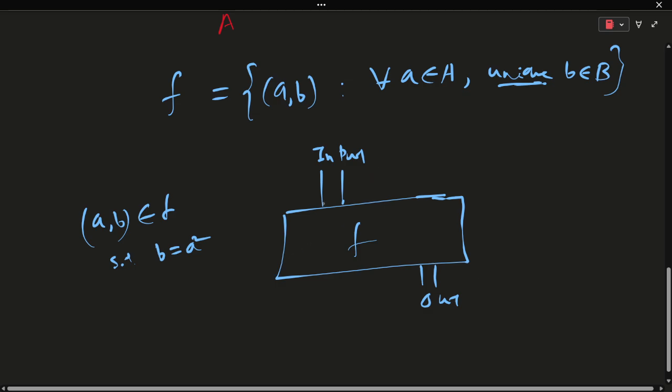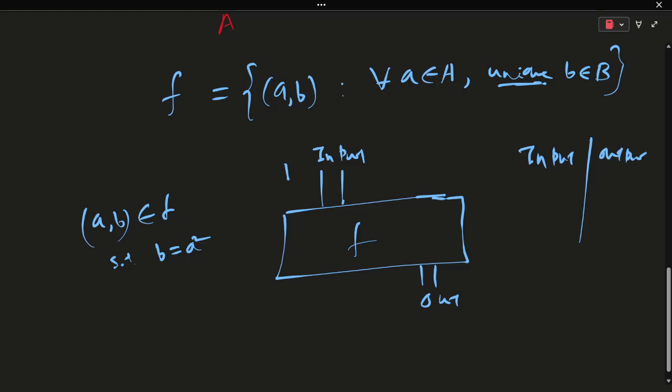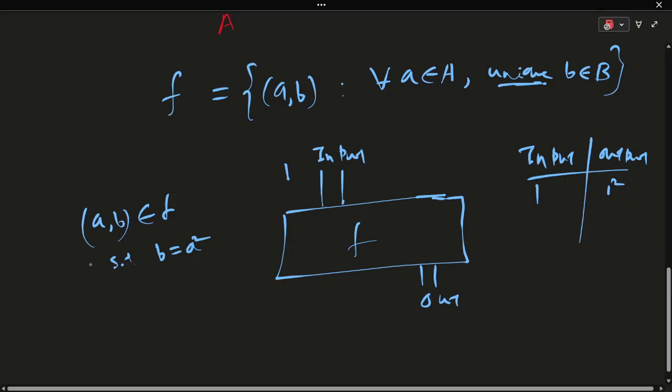So if you put 1, then output is... this is input and this is output. Input 1, then it's 1 square, right? And that means these elements look like a square type, right?